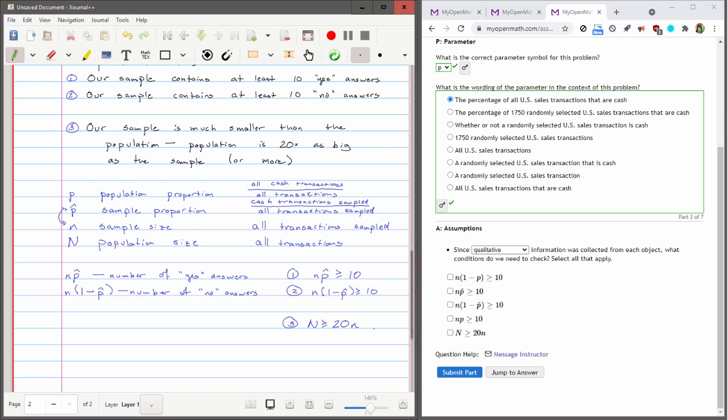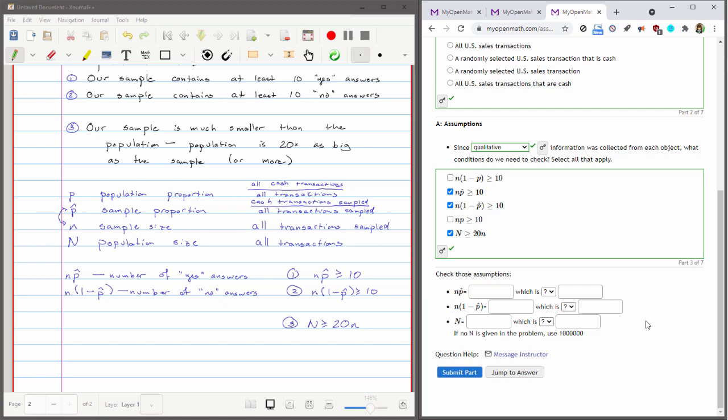It's very hard to remember these if you try to memorize them in terms of the symbols. Think about what they mean in words. There are at least 10 yes answers. There are at least 10 no answers. And the population is big relative to the sample. Okay, and now we're going to actually check these.